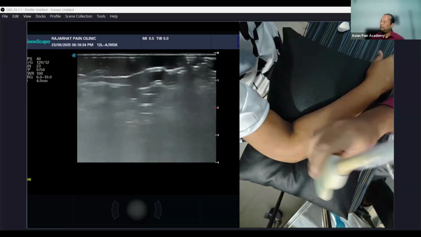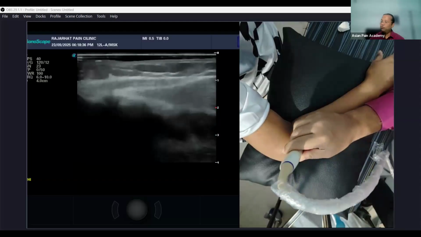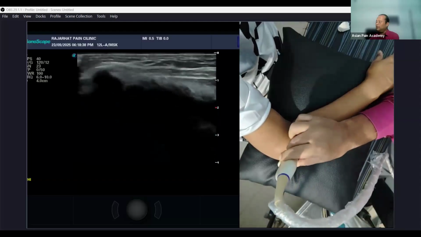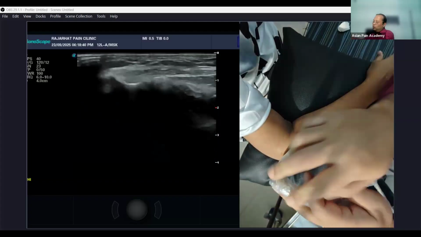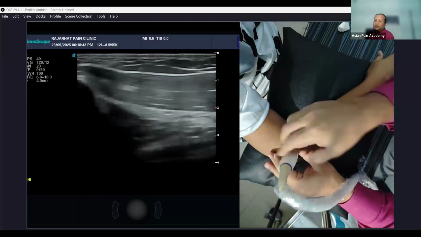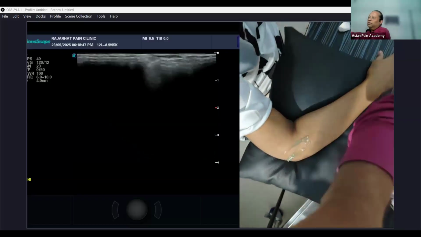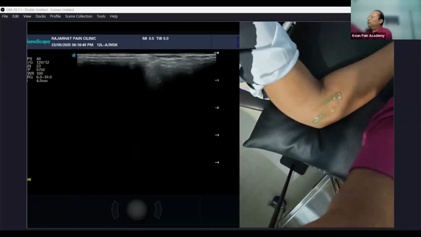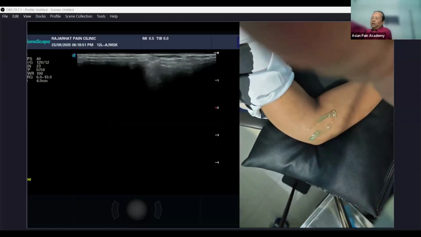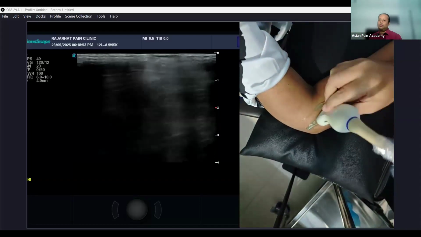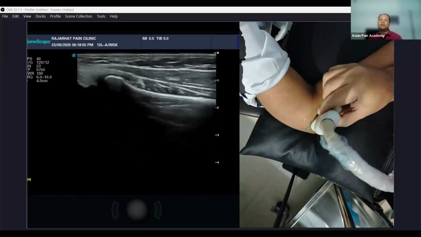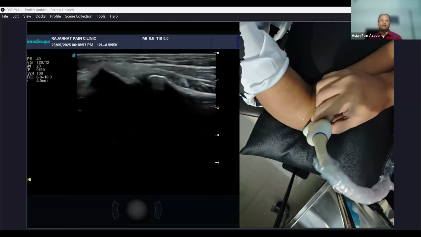In that area, I am putting the probe in a long axis manner. So this is my probe orientation. Of course, my hand is blocking a bit, but we cannot do anything much. This is in a long axis of the common extensor tendon.